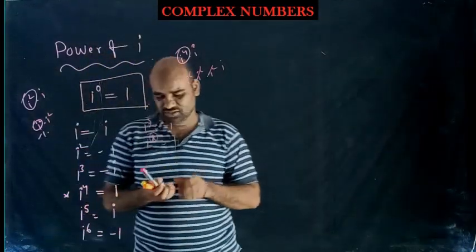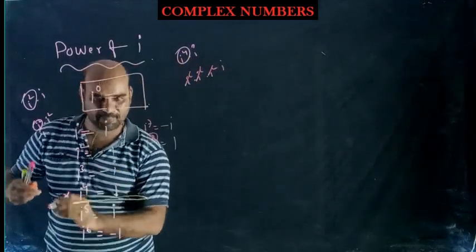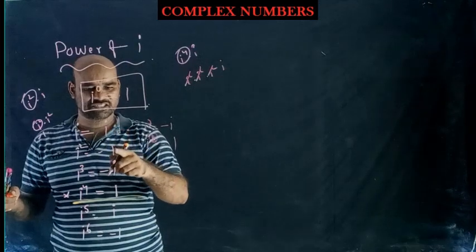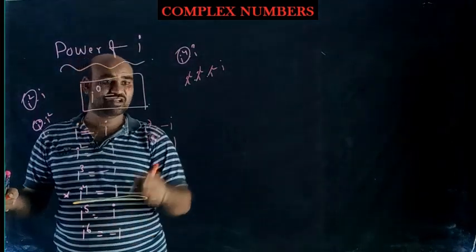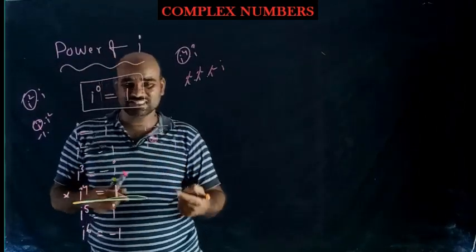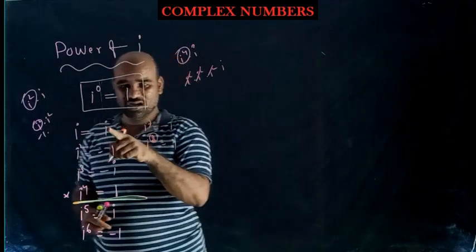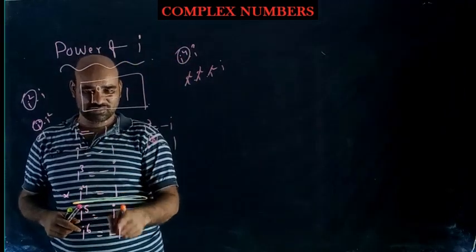So now observation: iota, minus 1, minus iota, 1. Iota, minus 1, minus iota, 1. So it repeats with a cyclic size of 4: iota, minus 1, minus iota, 1, like that.